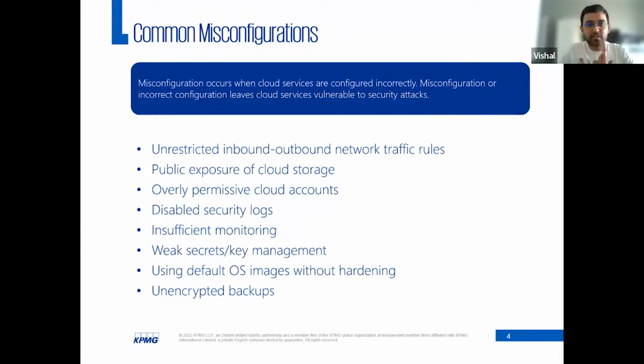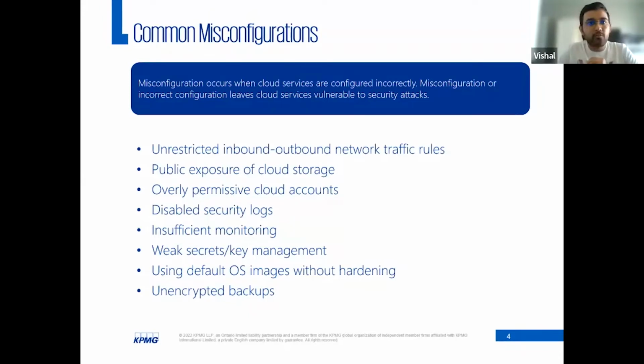To start with, the first one is unrestricted inbound and outbound traffic rules. In Azure, we have network security groups, which control incoming and outgoing traffic when attached to, let's say, a subnet or a virtual machine or computing instance. Now, for some environments, the default configurations will expose your network.